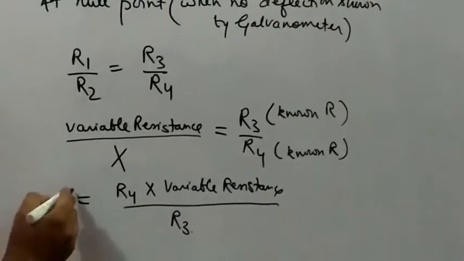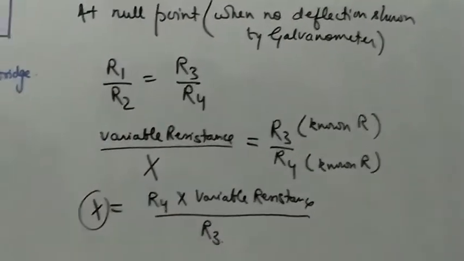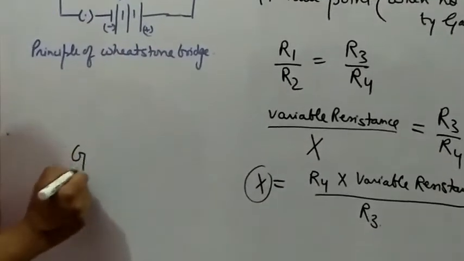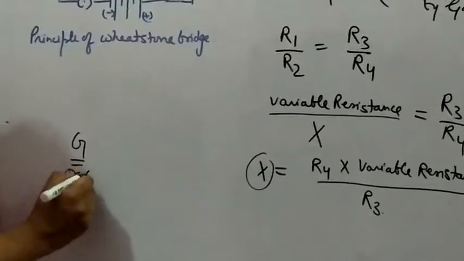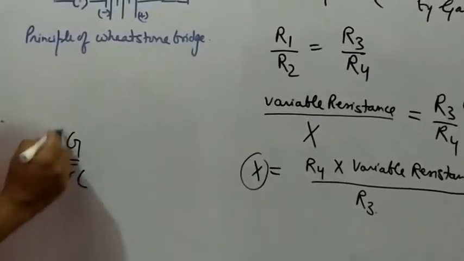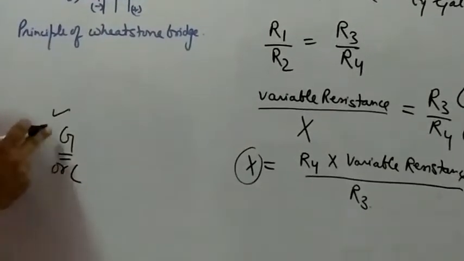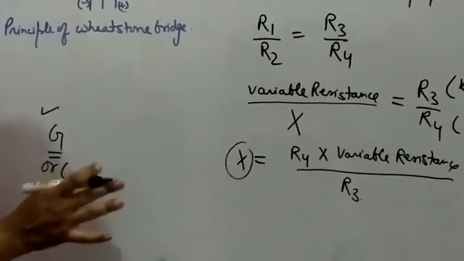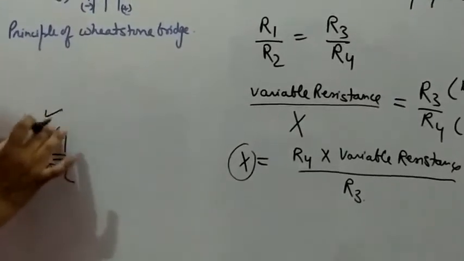Once we get the value of X, we will put it in the formula for G, that is the conductance. Conductance can also be written as C, but we prefer capital G because C can stand for coulomb and concentration also. So we will use G here.